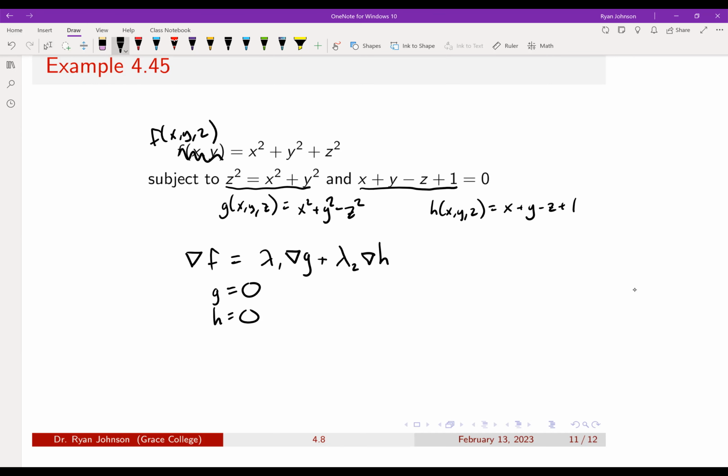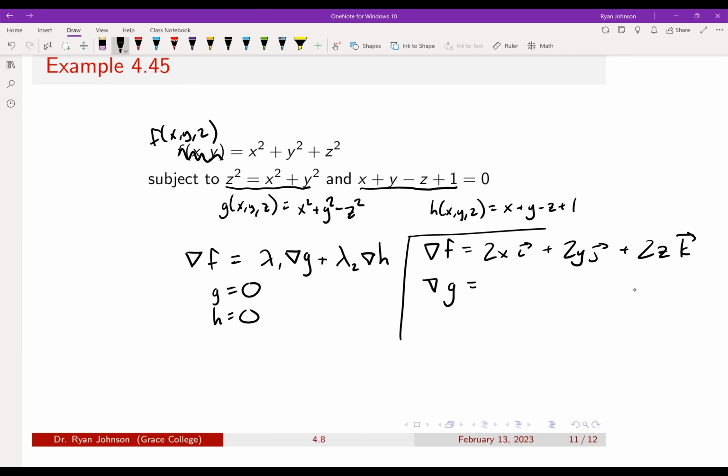So I need to know the gradient of f. It's going to be 2xi plus 2yj plus 2zk. And then the gradient of g is going to be 2xi plus 2yj minus 2zk.